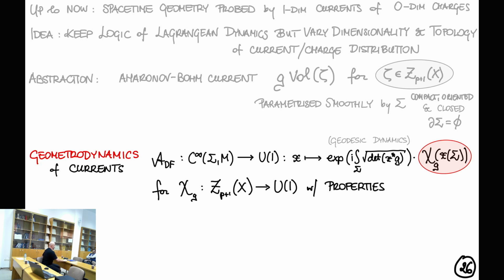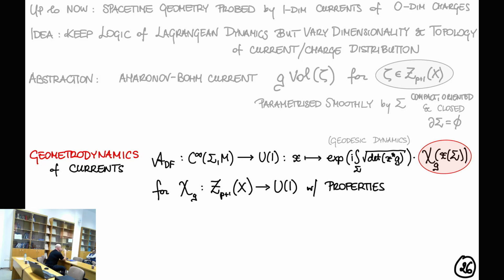And now we have a simple principle that if you have two non-interacting systems, then the action functional is additive. So the action functional for the system consisting of two non-interacting subsystems is the sum of the action functionals for the subsystems.